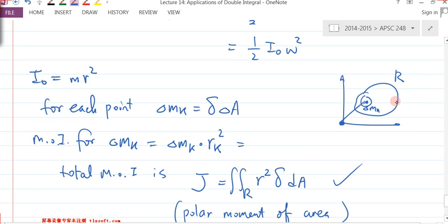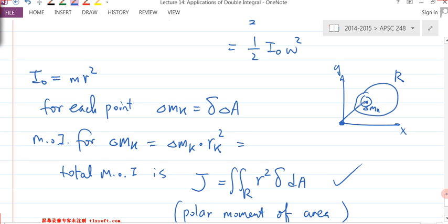Here's the area, and you want to cause this cross section R to rotate about the x-axis or the y-axis, and how much torque you should apply to cause a certain angular speed. So you have to know the moment of inertia about that axis first, right?